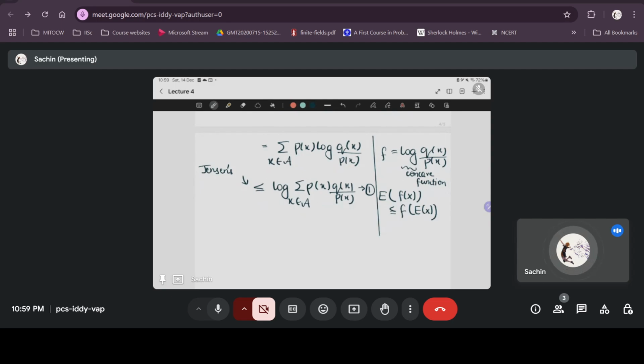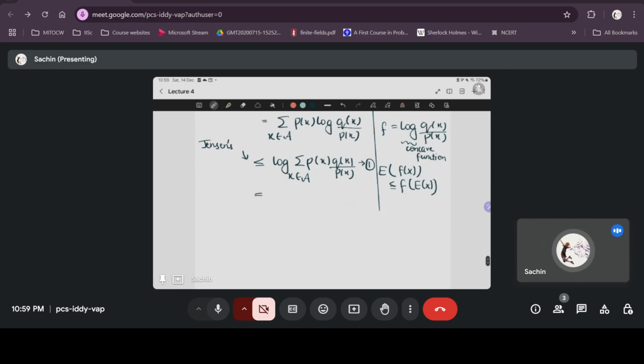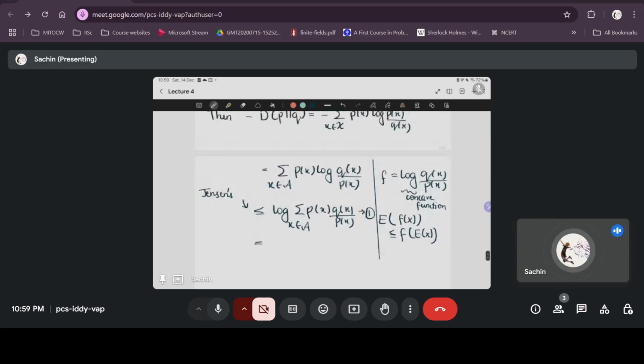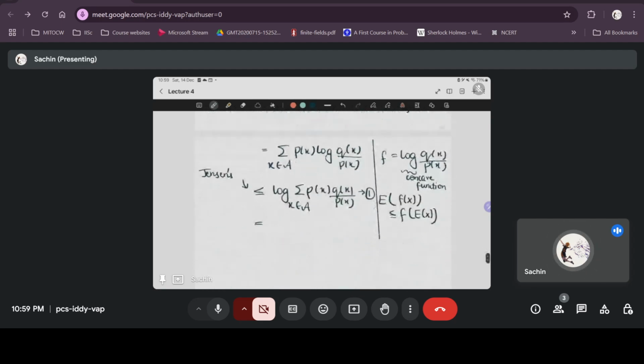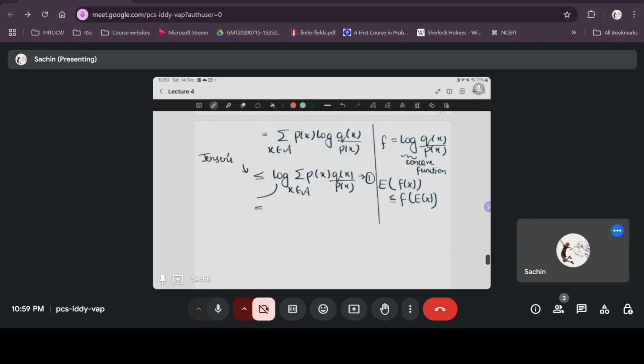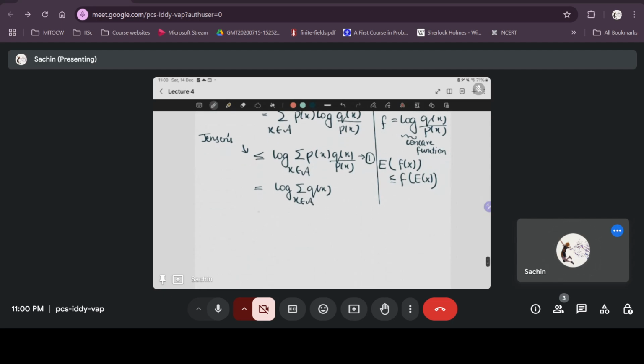You will be left with the summation of q of x, x belongs to A. So I'll write this is equal to, and when I say that, the equal to does not apply to the first term, it applies to the previous term. So this would be equal to log of the sum of q of x, x in the support. Log is an increasing function.